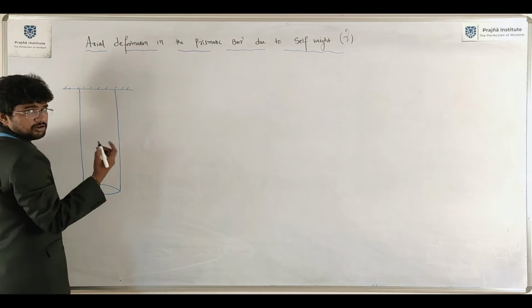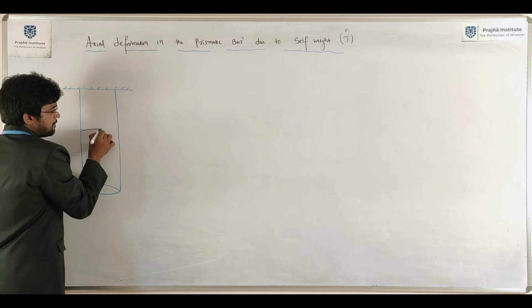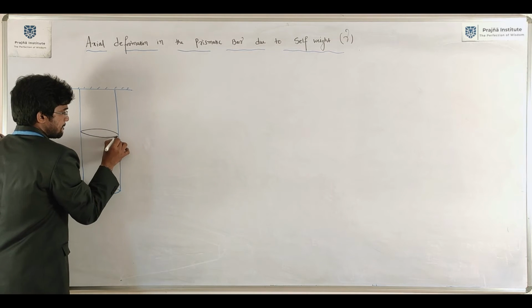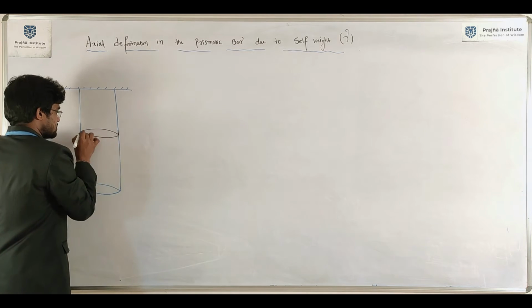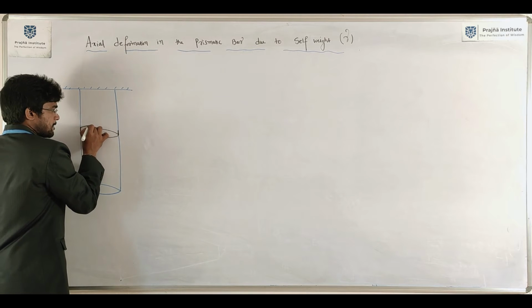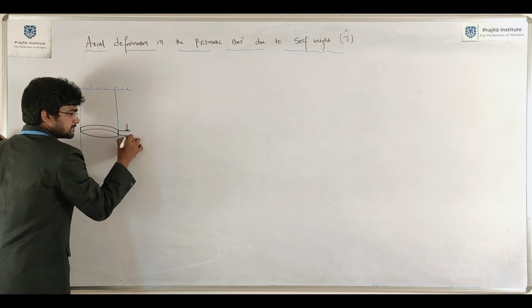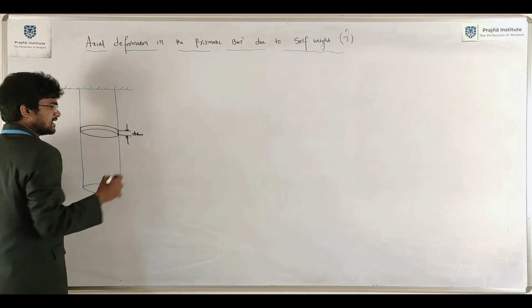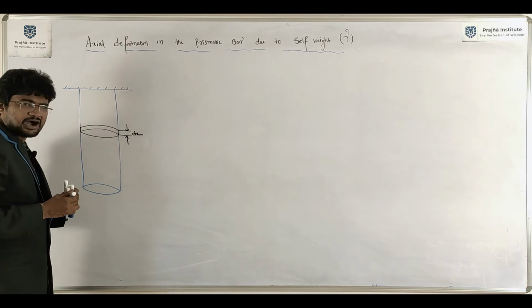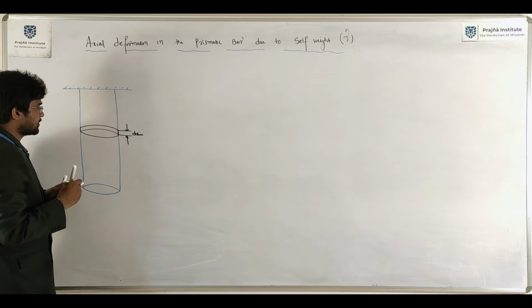Just the total length will be L. Take an element. The length of the element will be dx. Same procedure: whatever you have done till now, the same thing we need to do here.